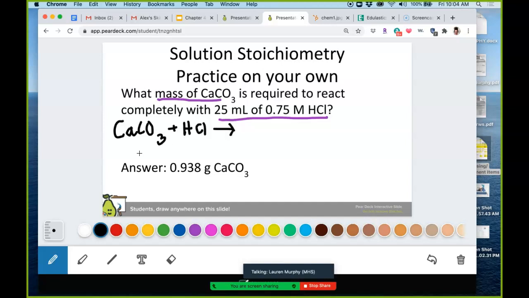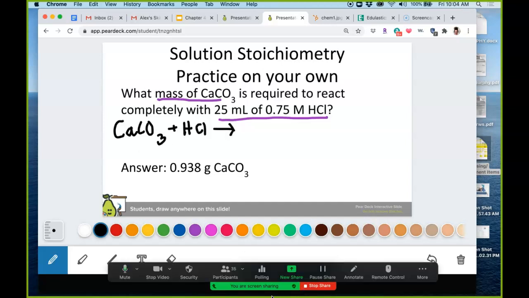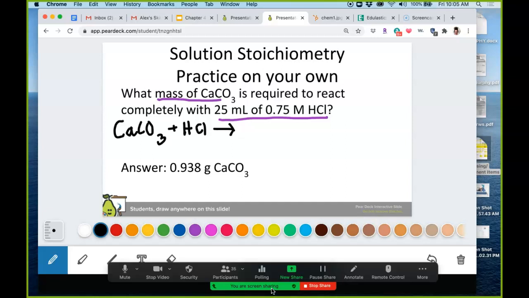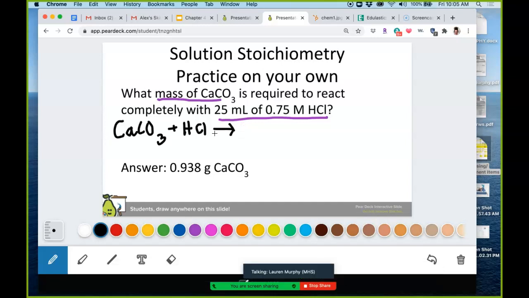And can anybody tell me who the products are? Calcium chloride, water, and carbon dioxide. Very, very good. Remember, this is a carbonate with an acid. So this is a special type of reaction.